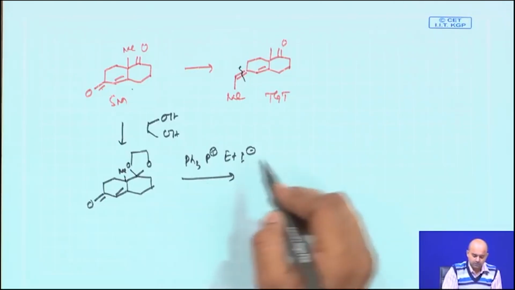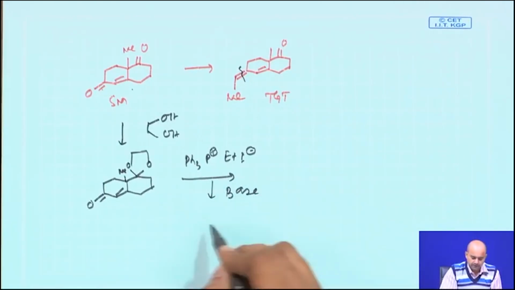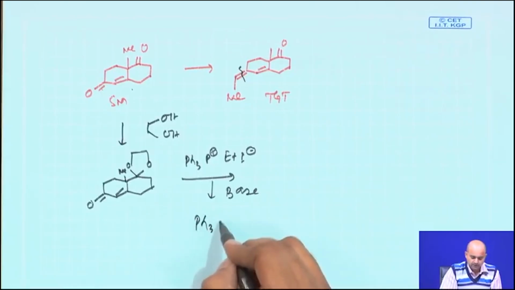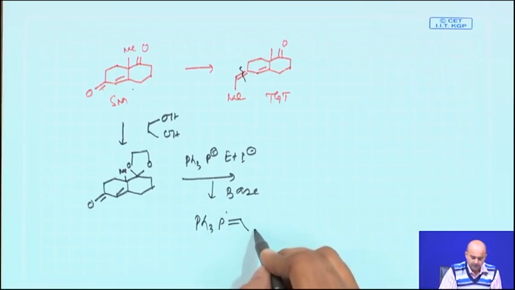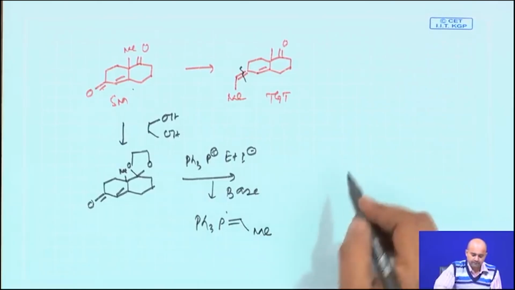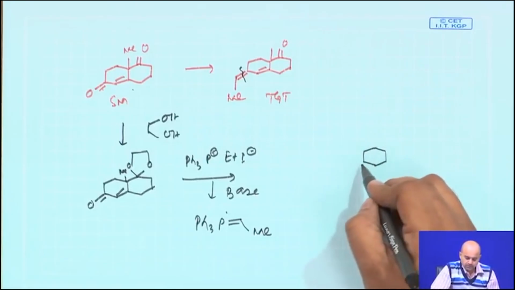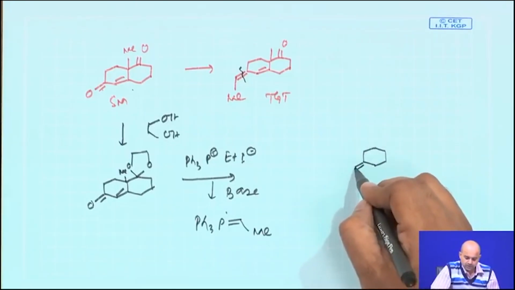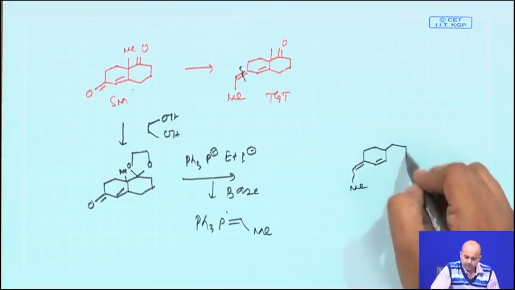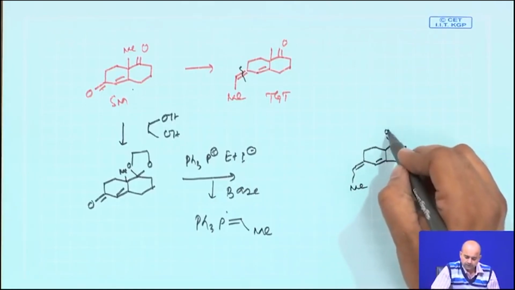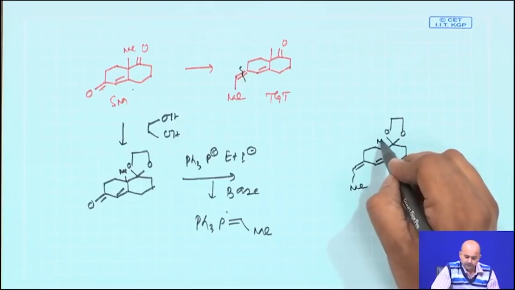When you react this salt with a base, you get the corresponding ylide. Then do the Wittig reaction, which will give the double bond; I have not mentioned the geometry here, and the ketal will remain as it is.